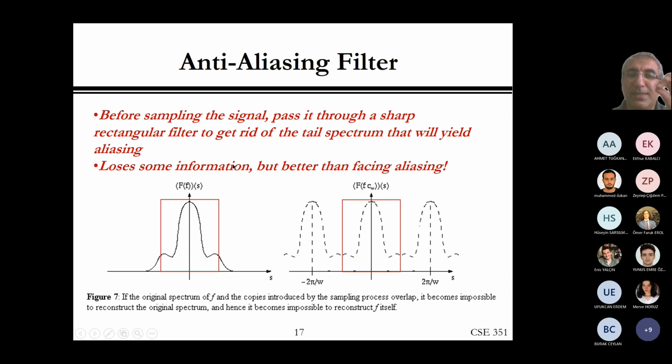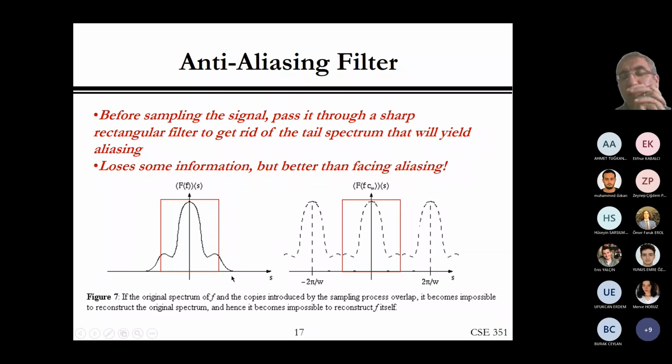So before we sample any signal, we pass it through a sharp, red rectangular filter like this to get rid of the problematic part, which are the parts that are going to overlap with the other copies on both sides. So we get rid of the tail spectrum that will lead to the aliasing problem.